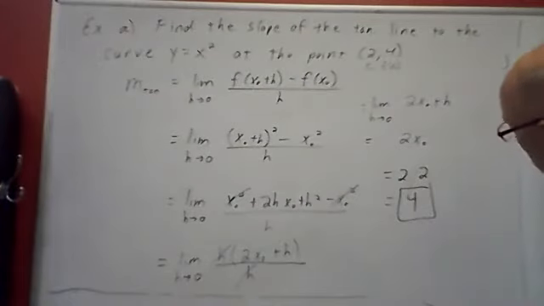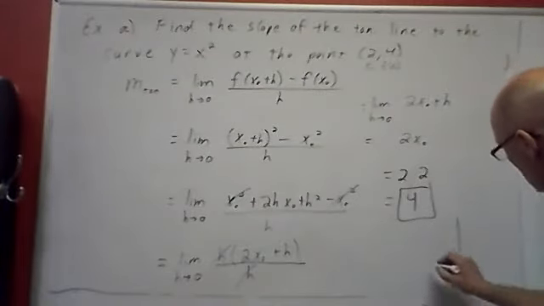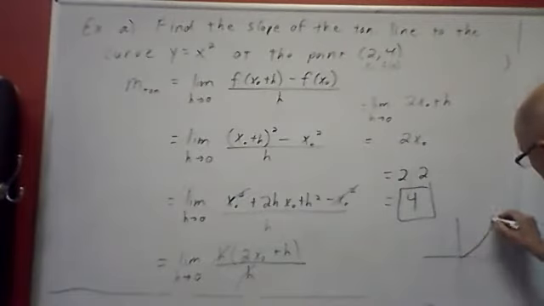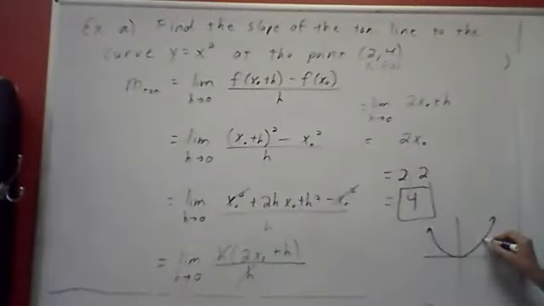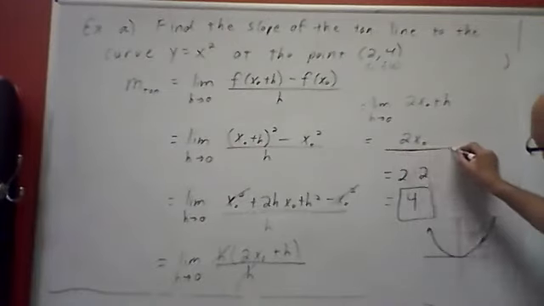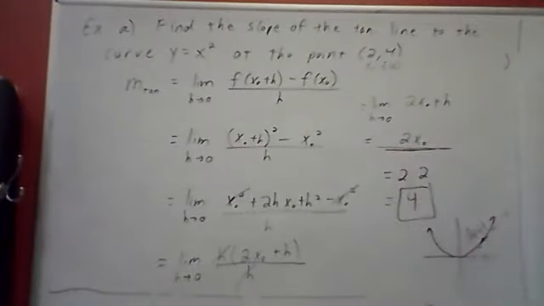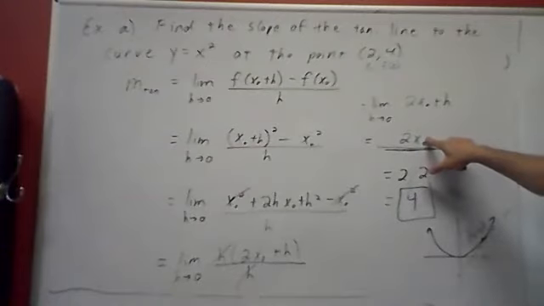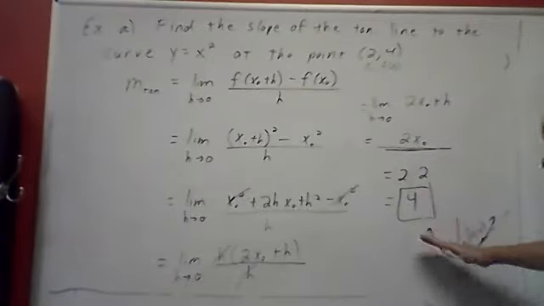All right, so what did I just find there? Remember we said y is equal to x squared looks like this, right? I just found the slope of the tangent line at that point 2, 4. So I just found the pitch of this line right here, okay? So what did this part give me right here? What this part gave you was a formula for the slope of all the tangent lines to this curve right here.